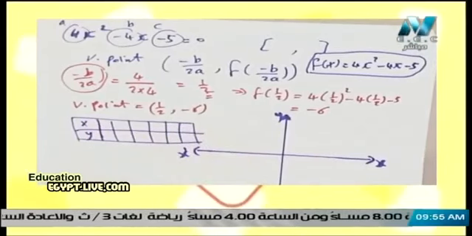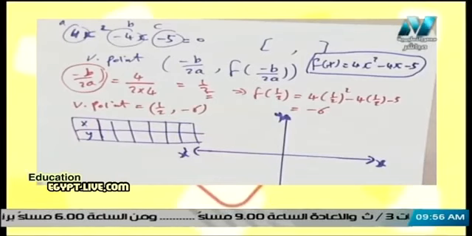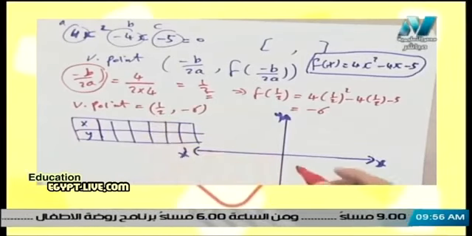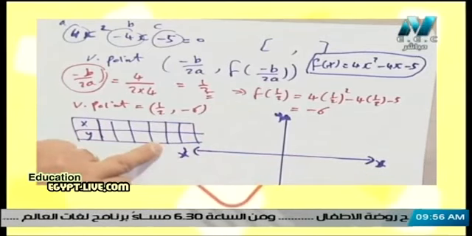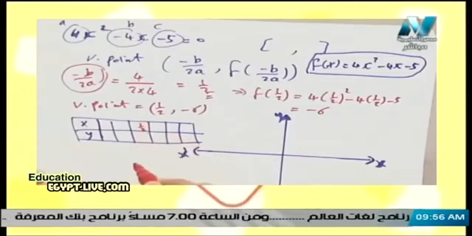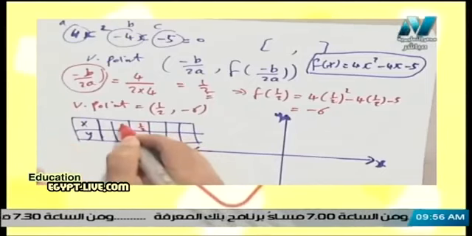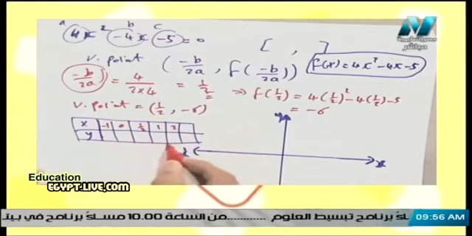And x is half, and the vertex point here is half and negative 6. Half here for x, we can put here 0 and negative 1, here 1 and 2, and complete this table.